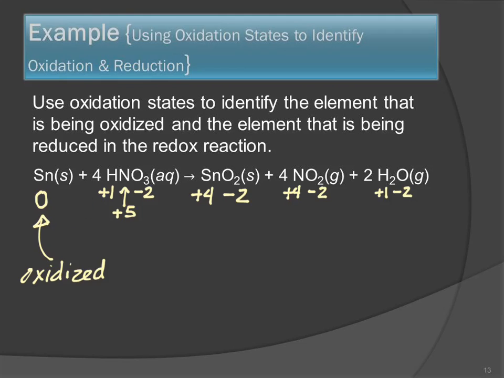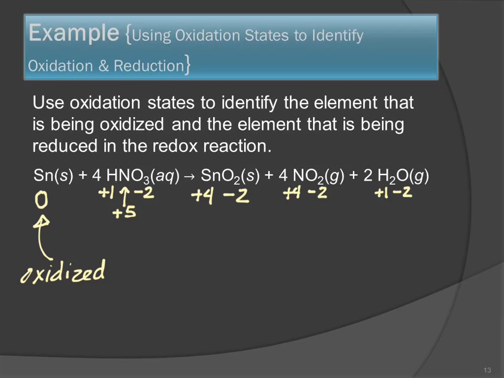Is the hydrogen changing? Here it's plus 1, and over here it's plus 1. Nothing happened to the hydrogen, right? How about the nitrogen? Went from plus 5 to plus 4. The oxidation number was reduced. A reduction in the oxidation number means that the element was being reduced.